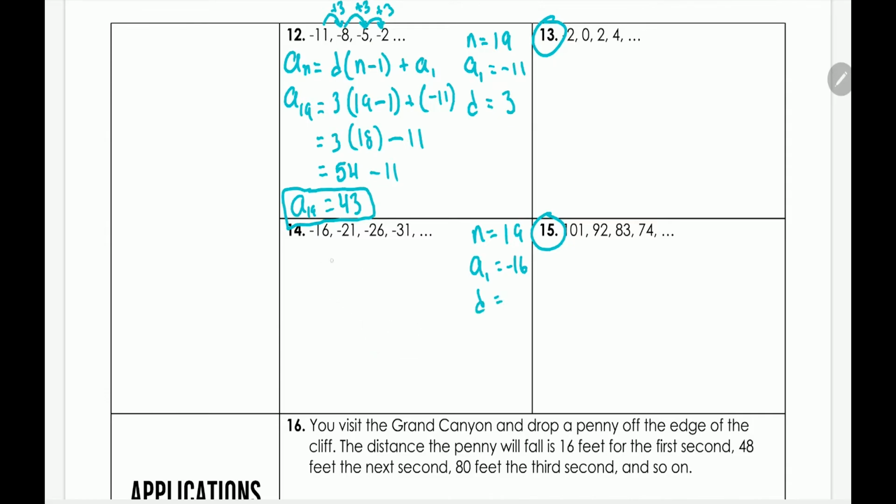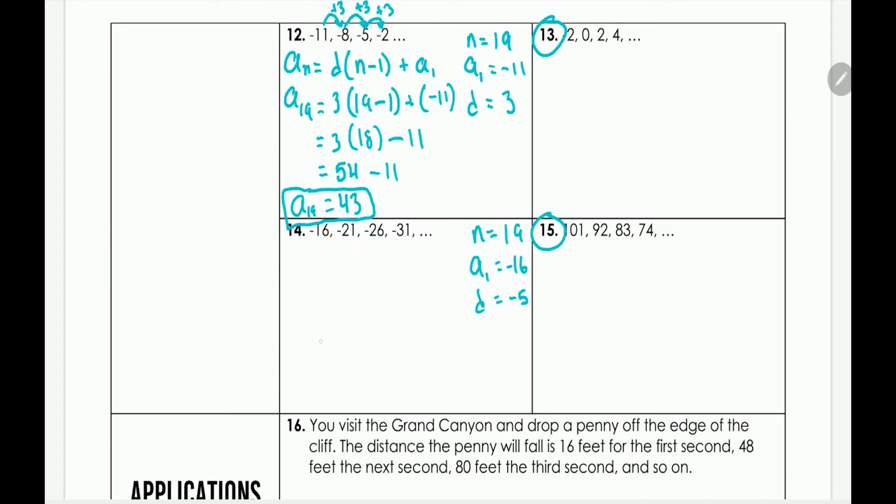So going from negative 16 to negative 21, it looks like we are subtracting 5. Going from negative 21 to negative 26, we're subtracting 5. And negative 26 to negative 31, we're subtracting 5. So it looks like our difference is going to be negative 5.